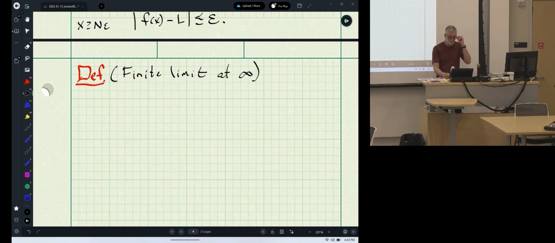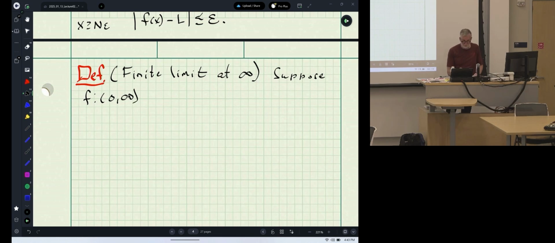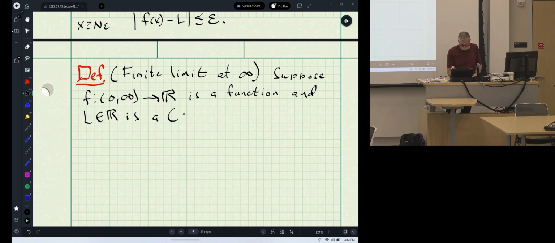meaning x becomes arbitrarily large. So suppose f, taking 0 to infinity to R, is a function, and L, an element of the reals, is, I'm going to emphasize, a finite real number, but all real numbers are finite.